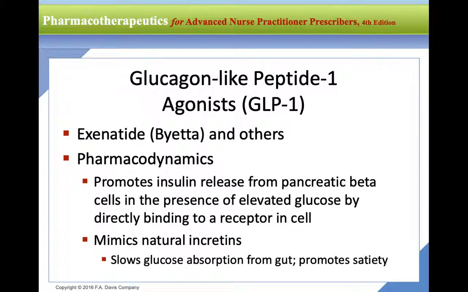But the benefit of GLP-1 agonists is that patients who have been diabetics for a long time, because of the changes that diabetes causes, don't produce GLP-1 anymore. So after 5 to 10 years of diabetes, giving a DPP-4 inhibitor isn't going to do much, because even if we inhibit the DPP-4, there's no GLP-1 to act.